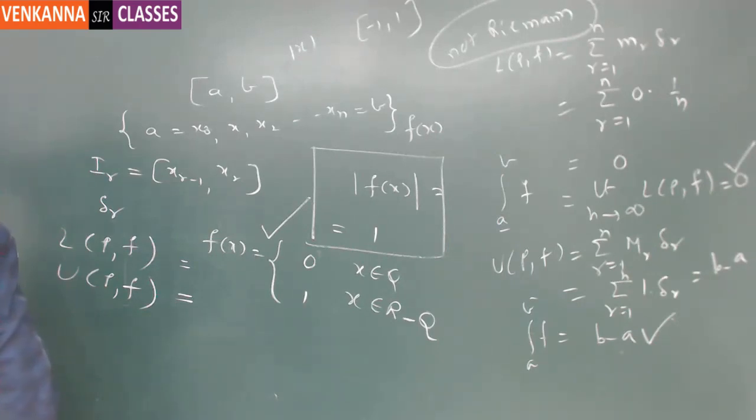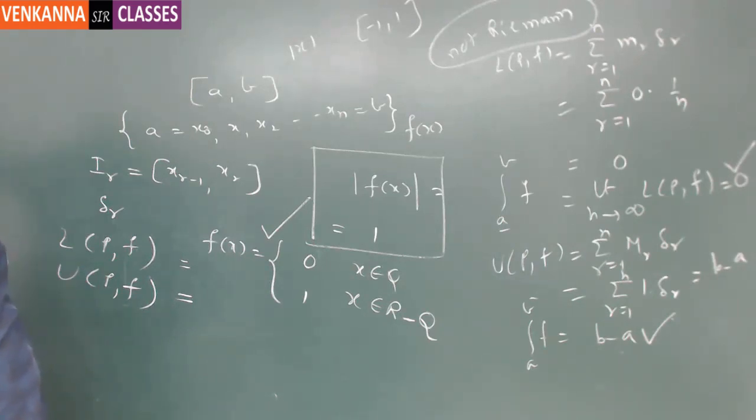If f of x is defined like that, is it a continuous function or not? Can you remember the sequence criteria of continuous functions? We have discussed it a long back. So by using the sequence criteria, if it is continuous, fine, it is Riemann integrable.